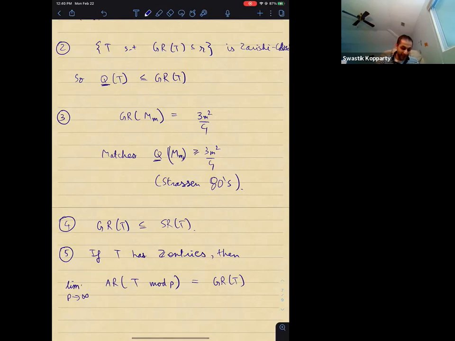But unfortunately, the only statement that we were able to prove, although we don't know that this is a limit, it can't be a limit, is that this is the limit of this.